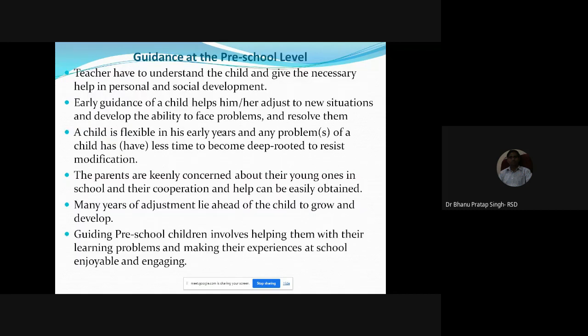Next, so what is guidance at preschool? Guidance takes place by the teachers only. At the preschool, teachers have to understand the child and give the necessary help in personal and social development. Early guidance of the child helps to adjust in a new situation, in a new school, and even to face the problems in a different environment.